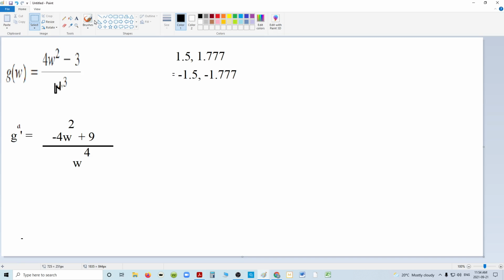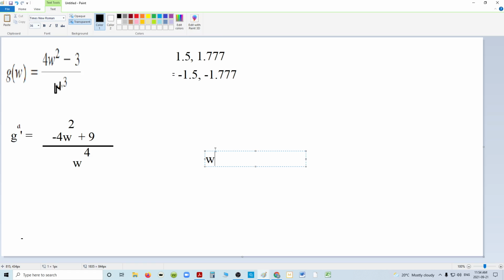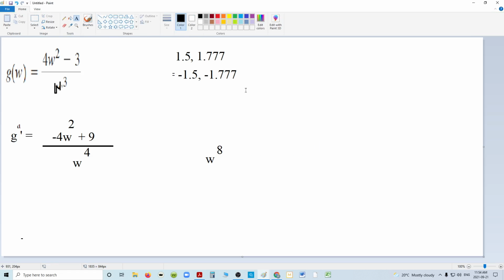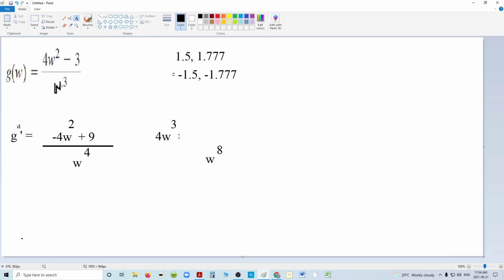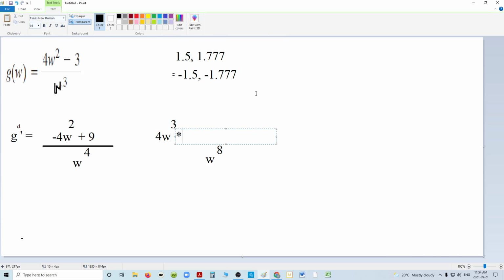Okay, the quotient rule says I'm going to square this at the bottom. I'm going to get w to the 8. I'm going to take the derivative of the bottom, which is 4w to the 3, and I'm going to multiply it with the derivative of the top.